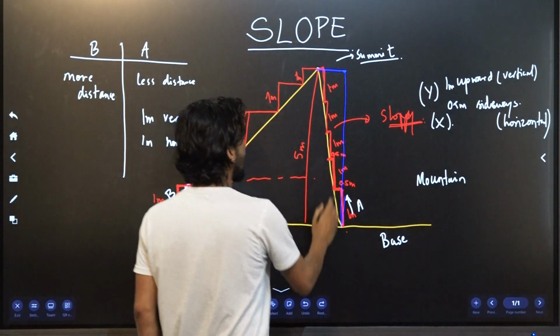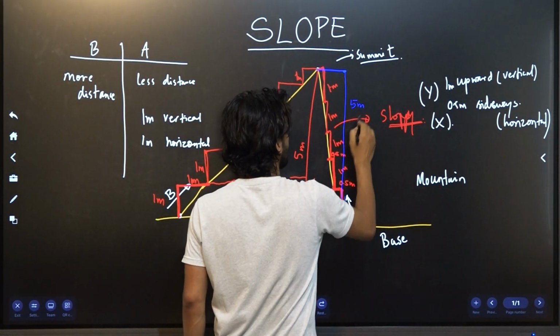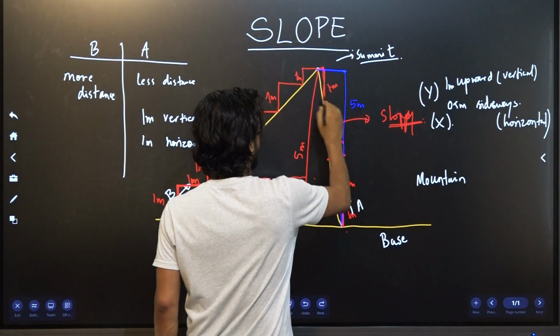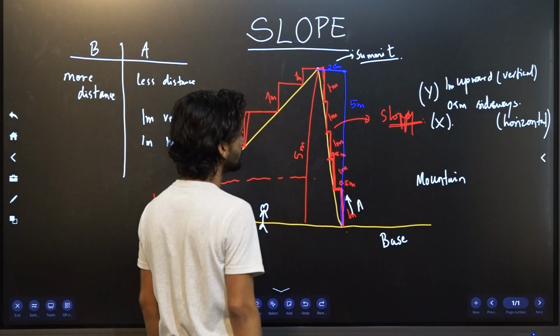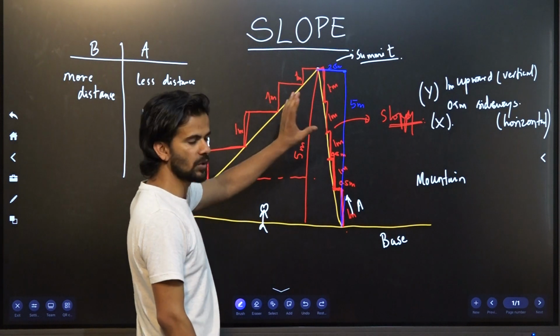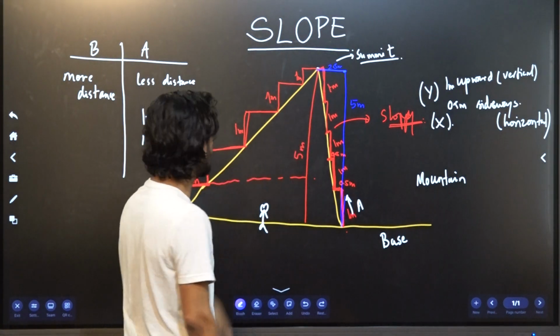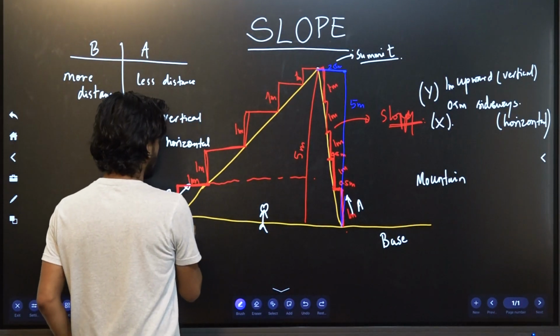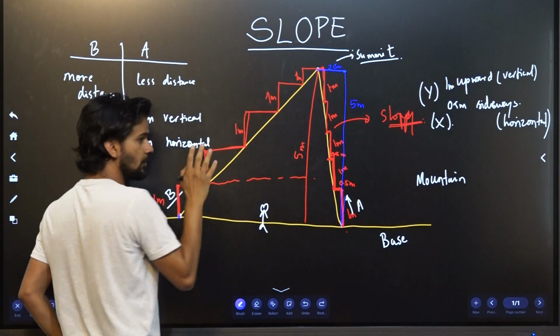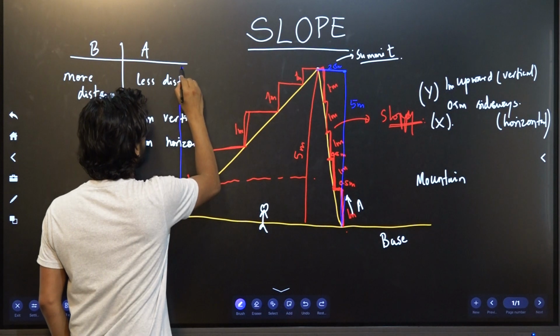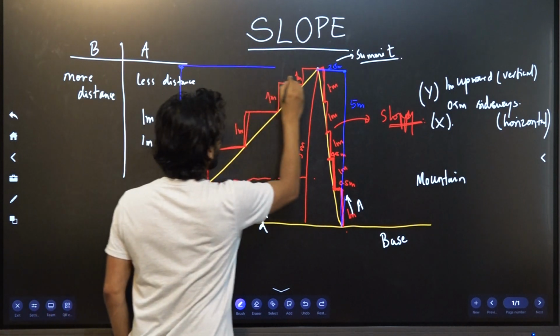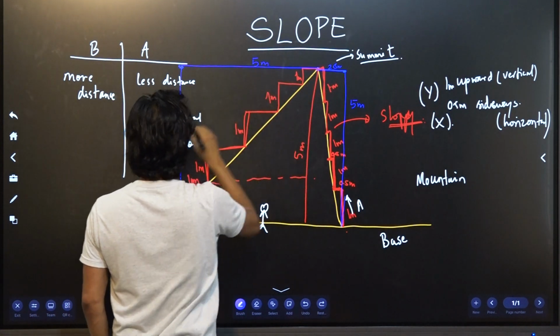You would go 5 meters upward, and 2.5 meters this way. Right? If it was only one step. Here, if you had to go from here to there in one step, you would go all the way up, 5 meters up, and 5 meters this way.